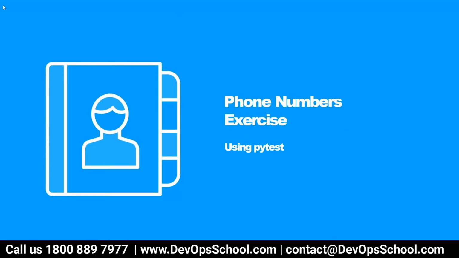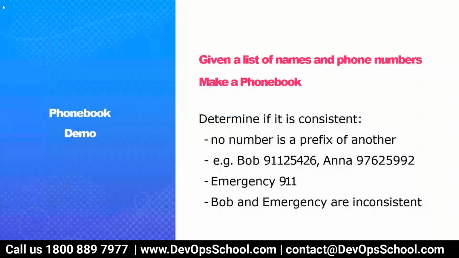Okay, so there is a use case for it: the phone number exercise. Here is a scenario for the phone book demo. We have to determine whether it is consistent, meaning no number is a prefix of another. I'll show you the demo for this program.